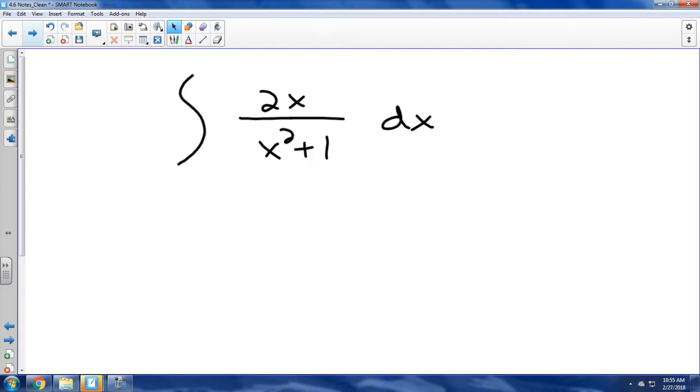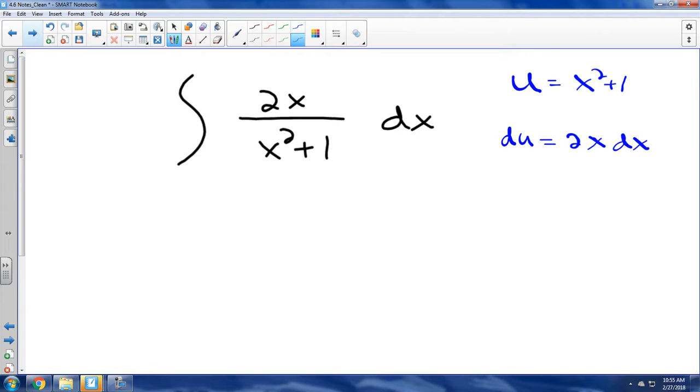So that's just like getting at what we're doing tonight. Let's say we have this example. It's not in your notes. But if we did, which would be the function and which would be the derivative? Which of these would you pick to be the function? Well, I would pick the function to be x squared plus 1, making my du 2x dx, which is really this.